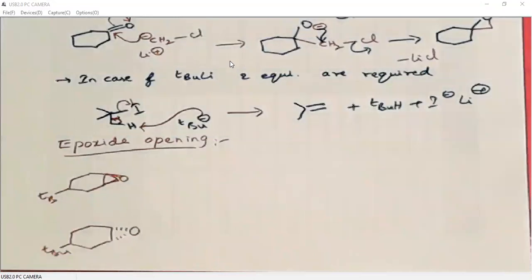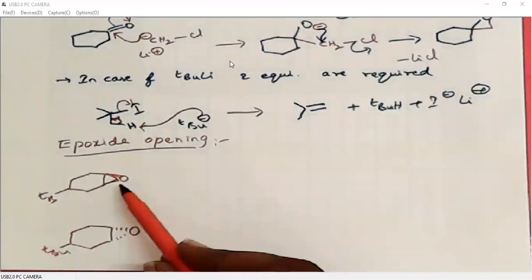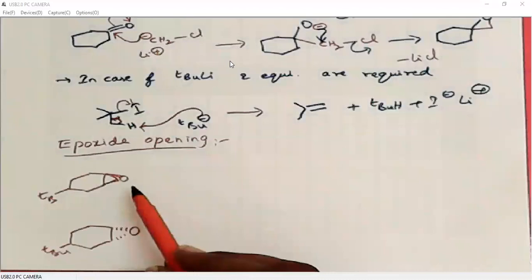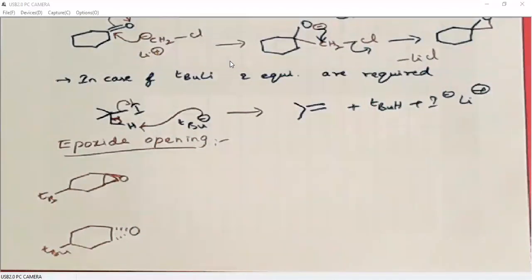For example, if we treat this epoxide with methyl lithium, what is the product? What I'm trying to say is, what is the stereochemistry of the product?